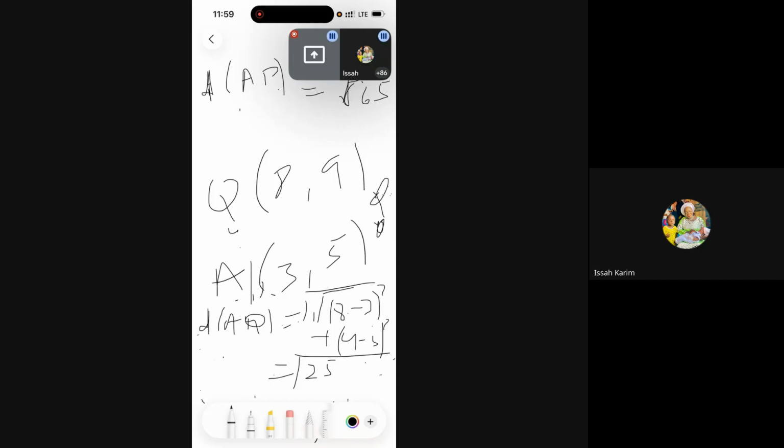So you decide which of them to use. Okay, so 9 minus 5 is 4, and 4 squared is 16. So 16 plus 25 is 41. So the distance between A and Q is the square root of 41.